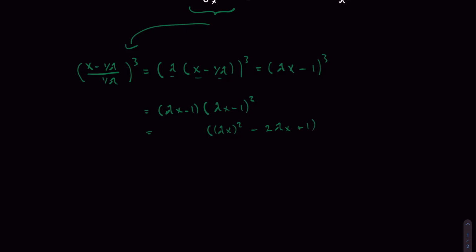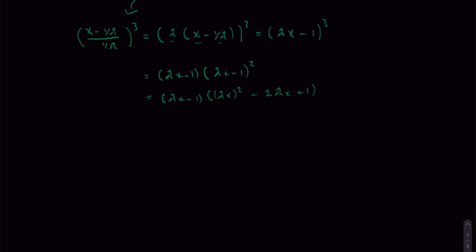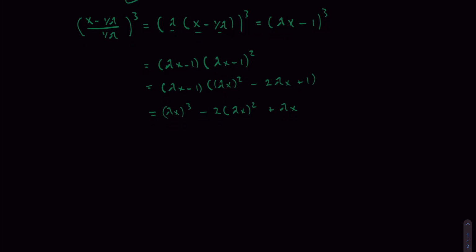Right? And then we have this term here. We can multiply in this whole expression, so we end up having lambda X to the power of 3, minus 2 lambda X to the power of 2, plus lambda X. Then we take minus lambda X squared, because we have this minus term, minus 1, and we have plus 2 lambda X, and then minus 1.